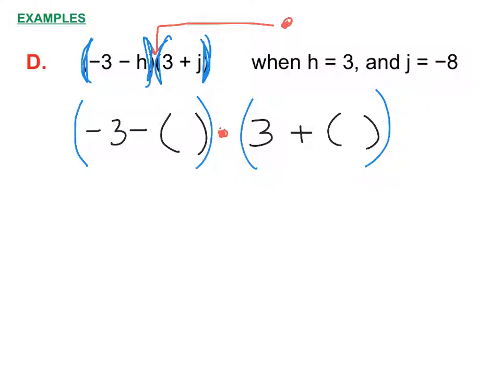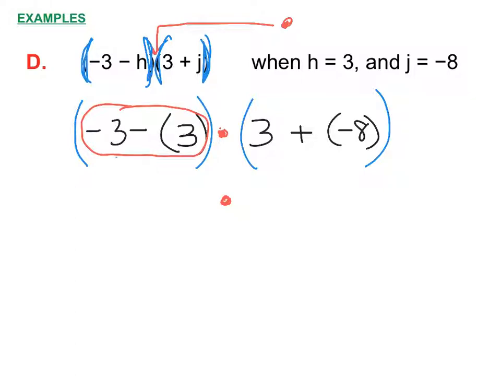So our h value is 3, and our j value is negative 8. And now we can just do order of operations. The very last thing we'll do is this multiplication, because we have to take care of inside the parentheses first. So we have negative 3 minus 3. We have a hole that's 3 feet deep, and we dig 3 more feet deep.